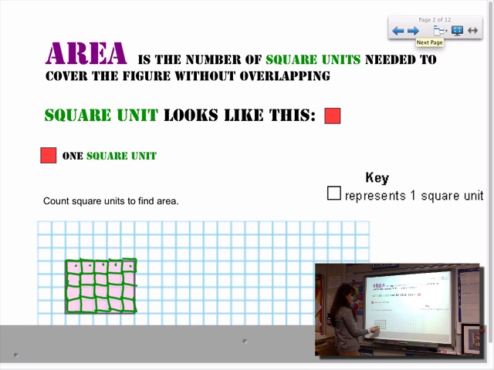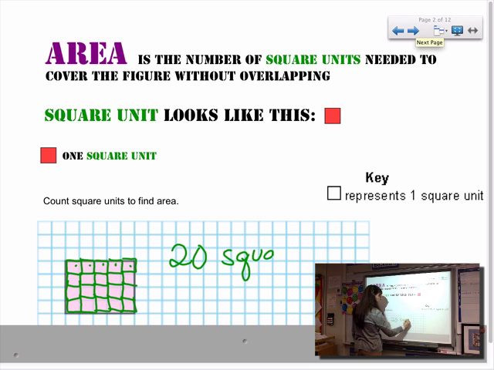So we would say that the area of this rectangle is 20 square units. Let's see if we can find the area of another shape.